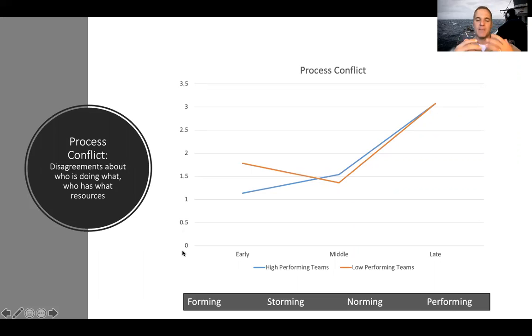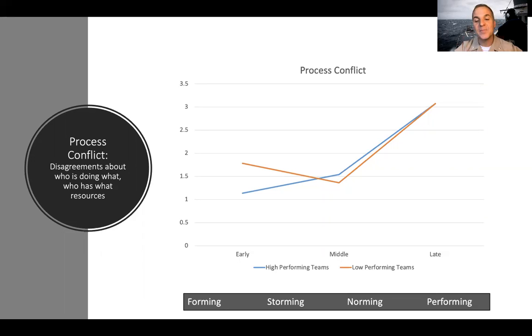And so we ask members of the teams that they're on, what is the level of conflict that you have? And then we looked at the early conflict, the midpoint conflict, and then ending conflict and where they were. And then we separate out which teams performed well and which ones did not perform well, and which ones actually did a little bit worse.